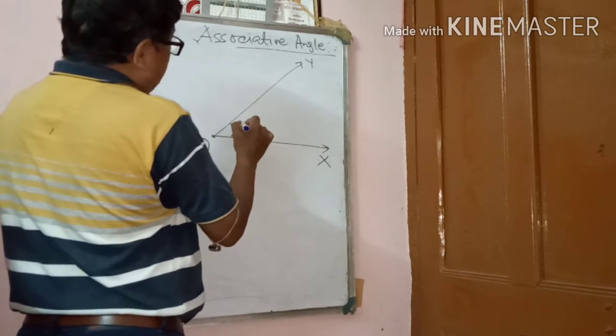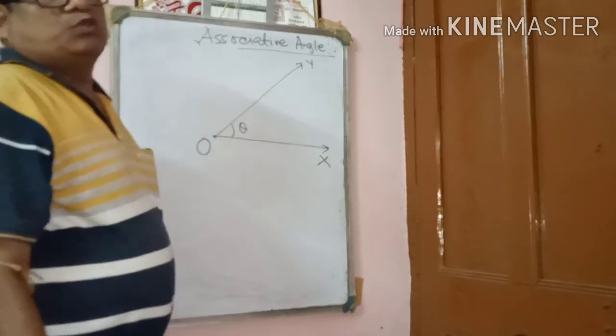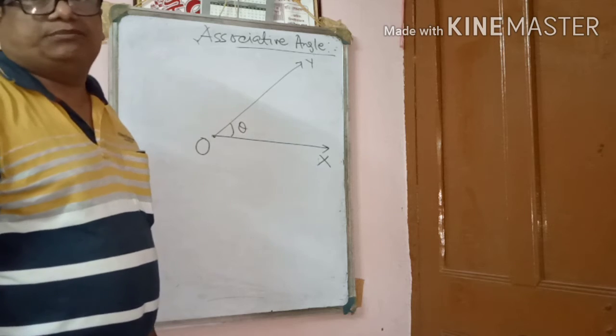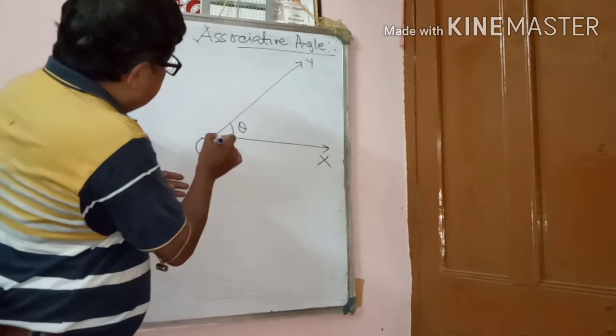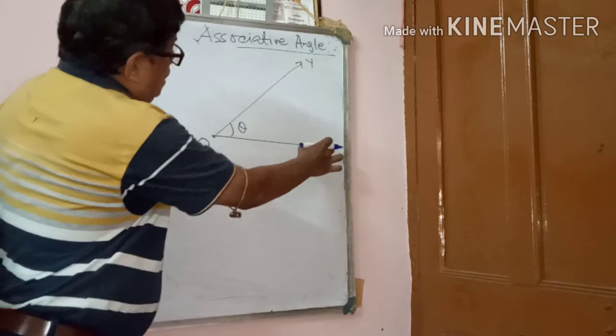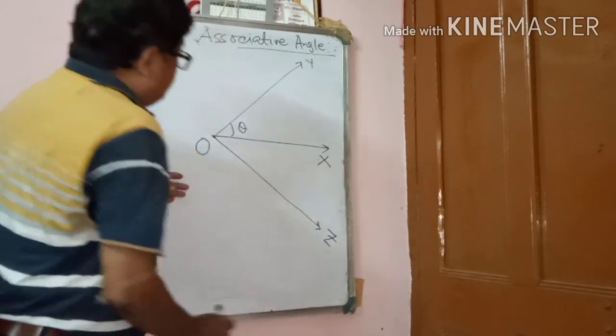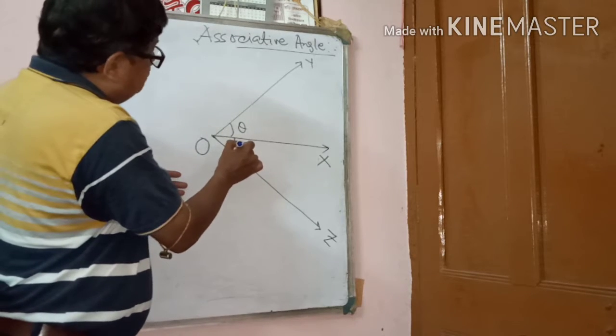This is the anti-clock direction, which you take as positive, and in the clock direction, suppose this ray is Z. You consider this angle to be minus theta.